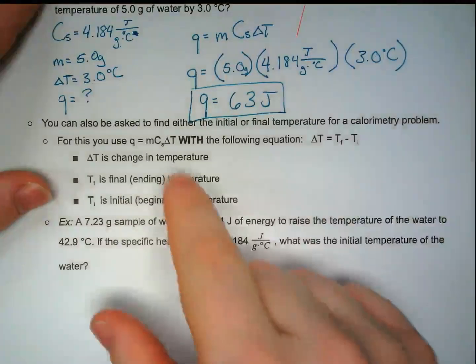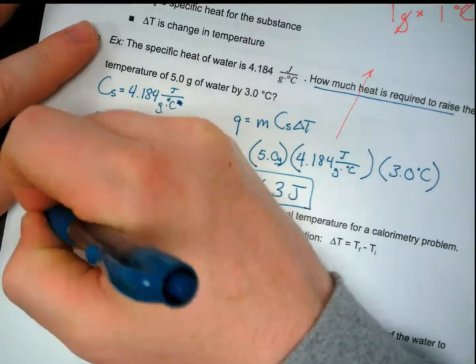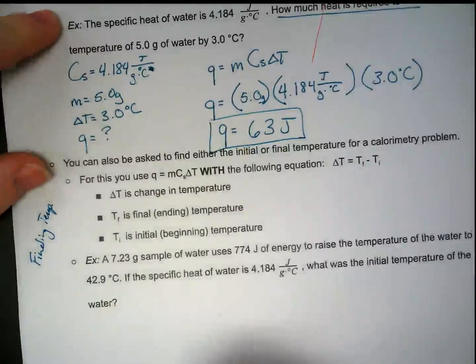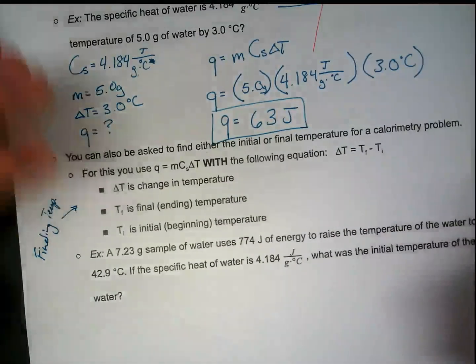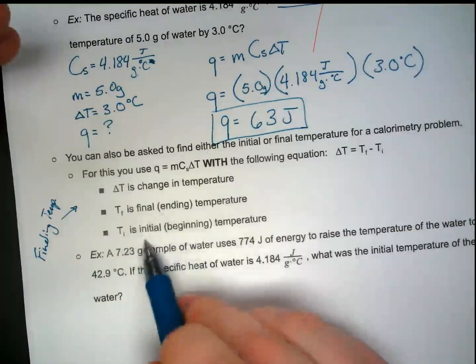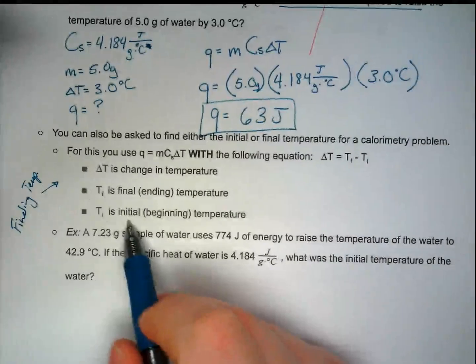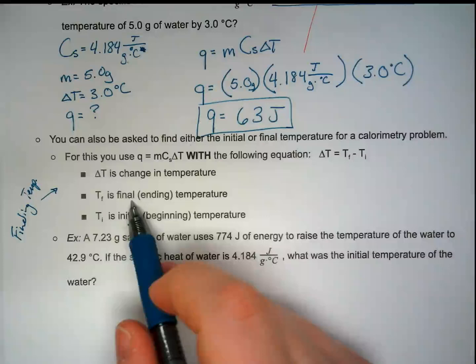So this problem right here is an example of finding temperature. The change in temperature is saying that we started at a particular temperature, an initial temperature, what we began with, and then we did a reaction and saw that the temperature changed.